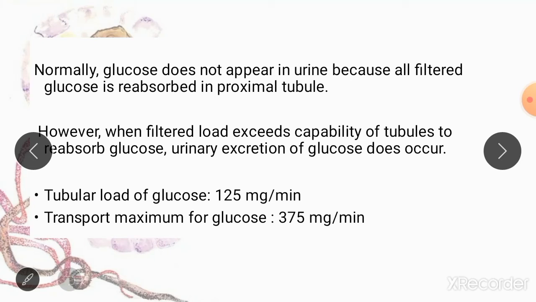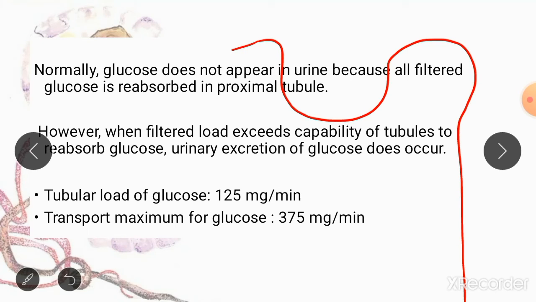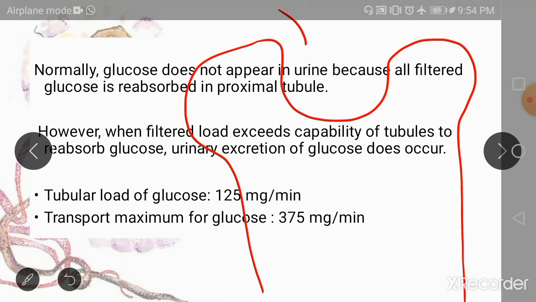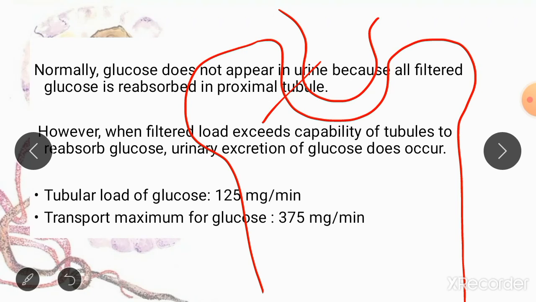But in conditions when there is so much glucose being filtered by the glomerulus into the Bowman's capsule that it exceeds the capacity of the carrier proteins to reabsorb it, this is known as the tubular maximum of glucose, and it does not happen in a normal healthy person.